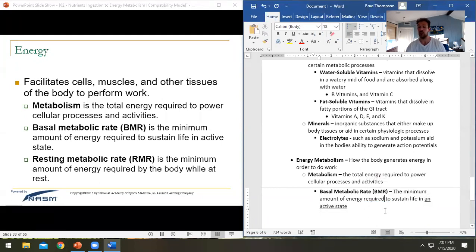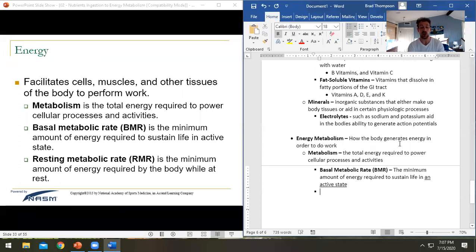So this is the minimum amount of energy that you require in order to live in an active state. Now we also have your RMR, that's your resting metabolic rate, or RMR. That is the minimum amount of energy required by the body at rest.